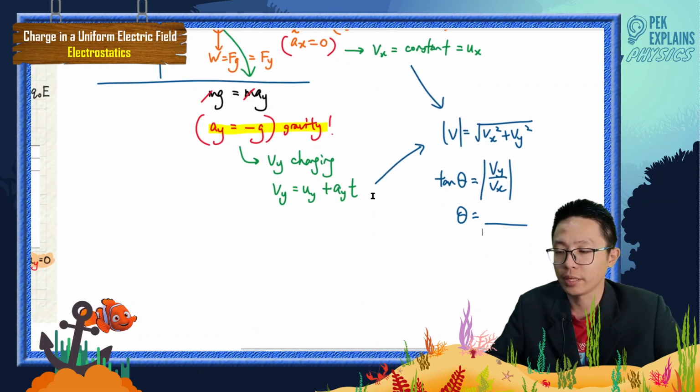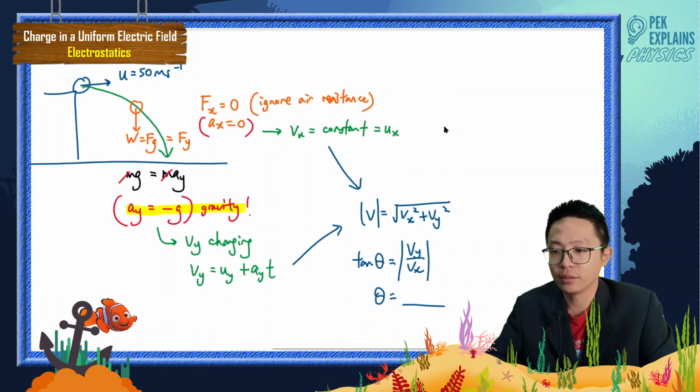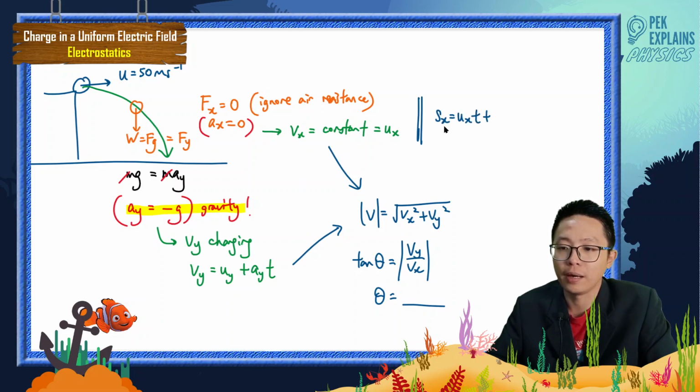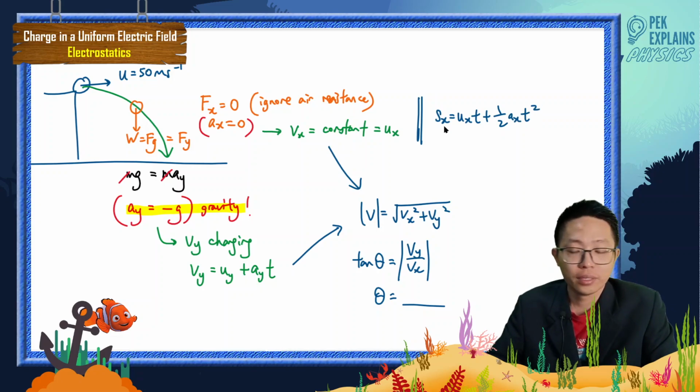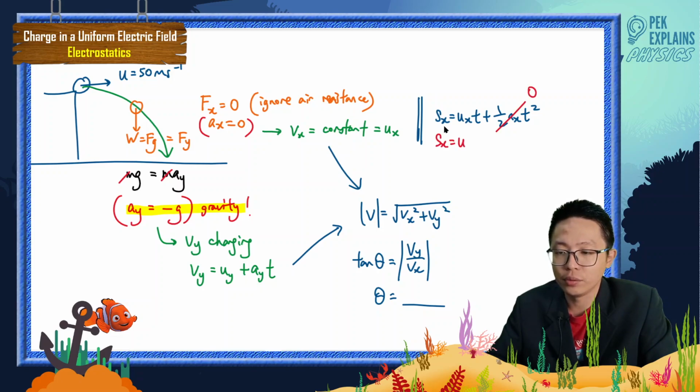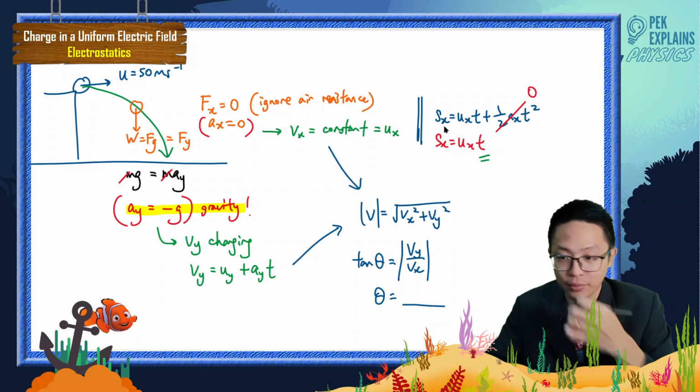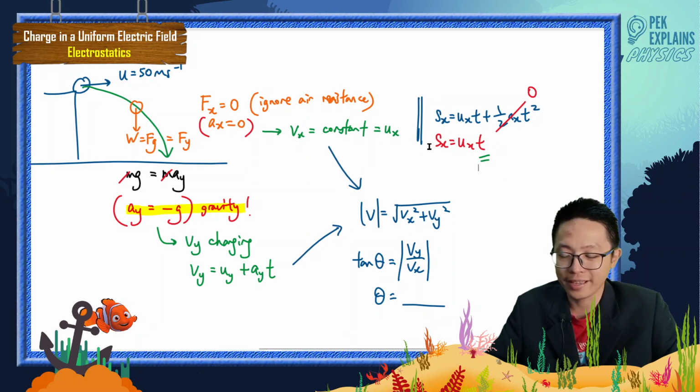You also can find the s. For the x component, sx equal to uxt plus half axt squared. But of course, because ax is 0, sx equal to uxt only. You can find the time, and once you got the time, you know how to find the sx?